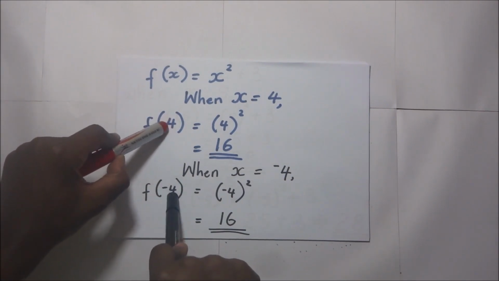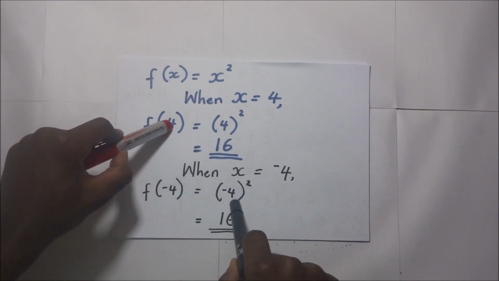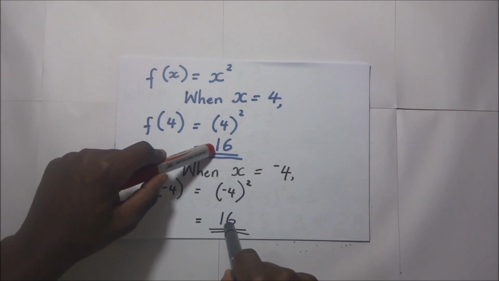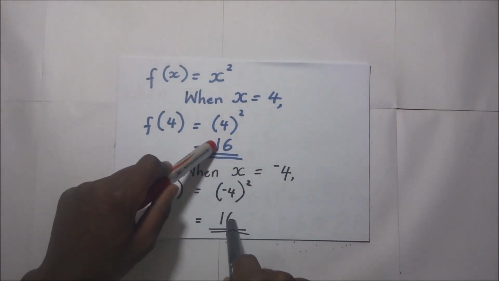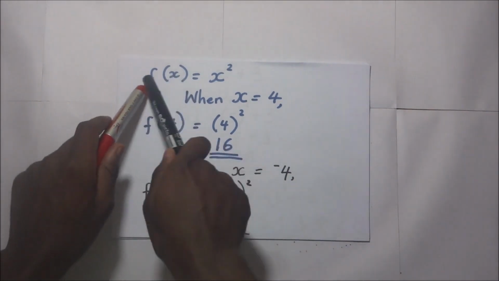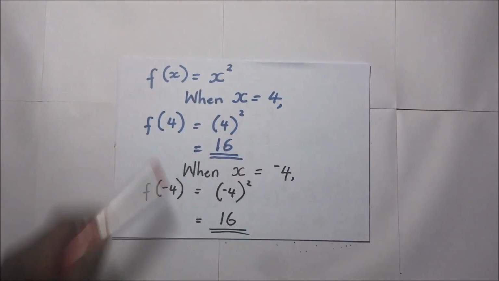It's going to become negative 4 squared, and it's still going to give us the same number, 16. Because when we plug in a negative value, it gives us the same answer, 16, this makes f of x equal to x squared an even function.